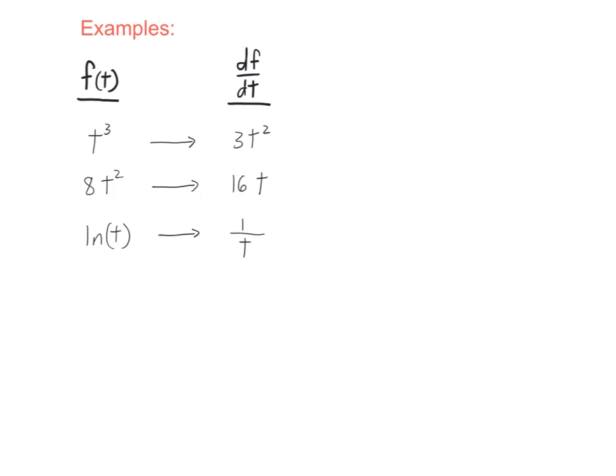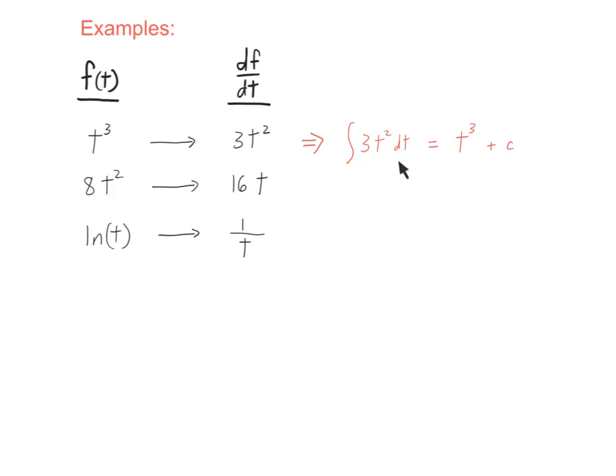Let's be a little more specific here. Let's start with the first example. So t cubed, when we take the derivative, we get 3t squared. So now I'm going to grab this 3t squared and I'm going to integrate it. There's the function that I want to integrate, 3t squared, and here's our symbol for integrating this function with respect to time.